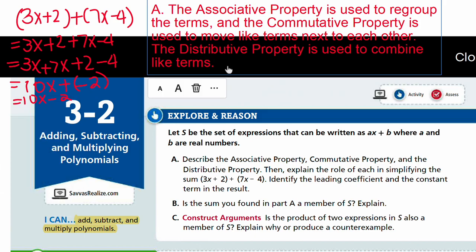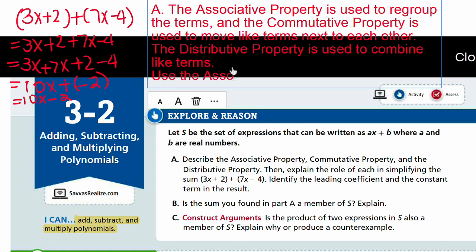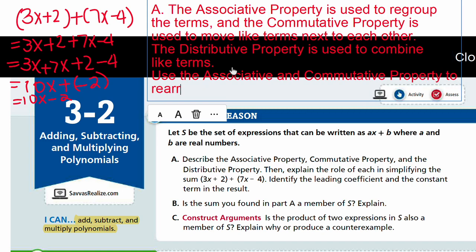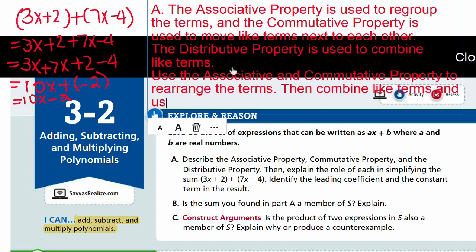Okay, so I'm going to add some more sentences here. Use the associative and commutative property to rearrange the terms, then combine like terms, and use distributive property to simplify.